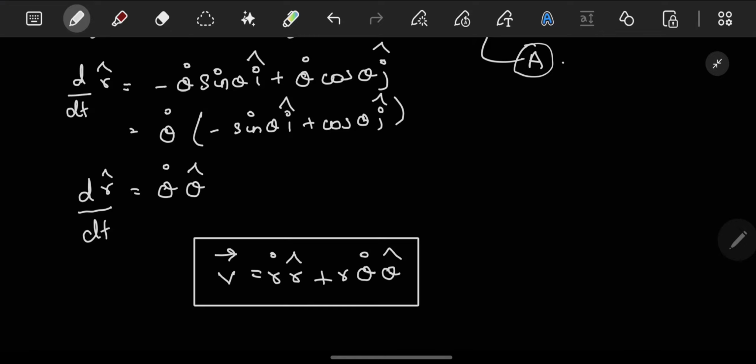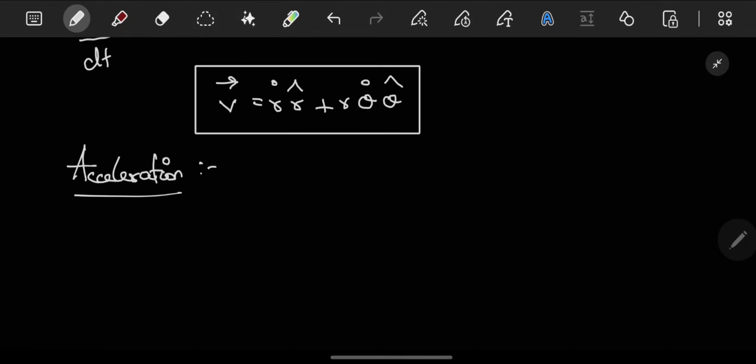So by using this velocity in polar coordinates, let's calculate the acceleration. In order to calculate the acceleration, that is a vector, we know that the velocity v vector is equal to r dot r cap plus r into theta dot theta cap. a is nothing but d v vector divided by dt.